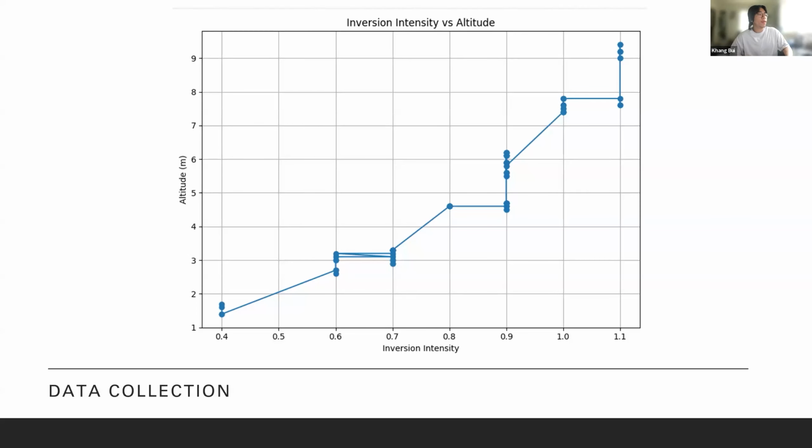Here is one of the graphs that I made from our data collected from the field. As you can see, the inversion intensity increases with altitude, which aligns with our expectation, indicating that inversion is present and that our device could detect it.